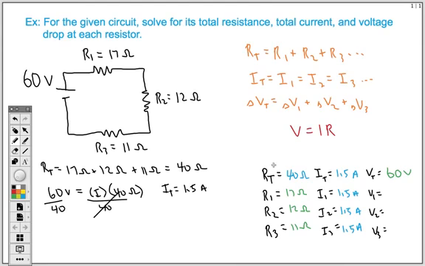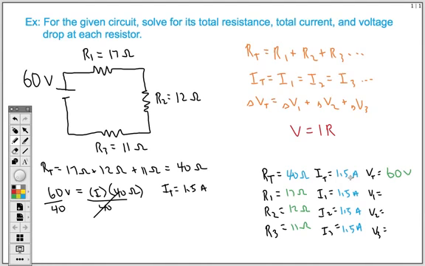Okay, and the way that we do this, just like how we used Ohm's law for the total resistance, total current, and total voltage, we're going to have to do the same at each resistor. For V equals IR, we have to do resistor 1 and current 1 to get voltage 1. To do it for the second one, we have to use all of the second resistor, and likewise for the third resistor. So we can't intermingle our resistors and our total values.